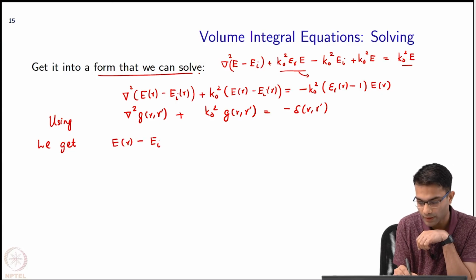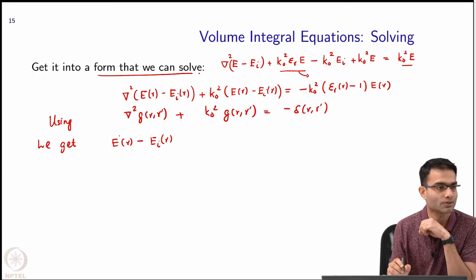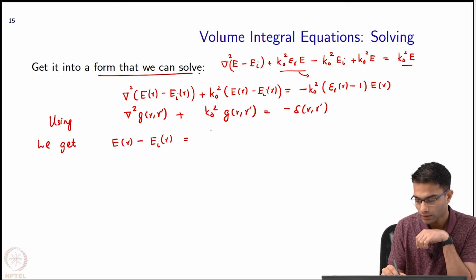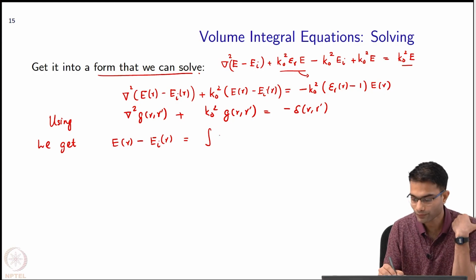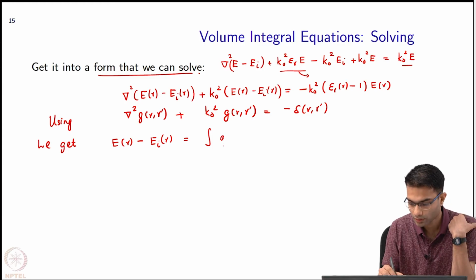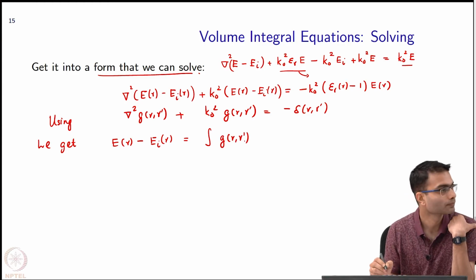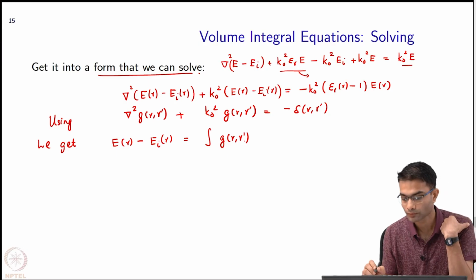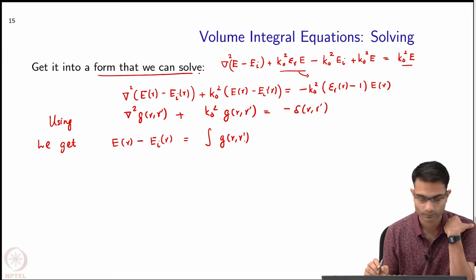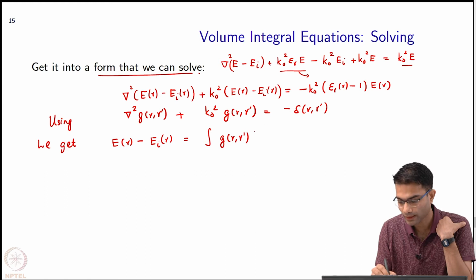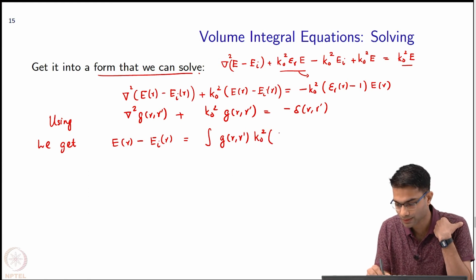So, it is E of r minus E I, that is what is going to be equal to the convolution now of the Green's function. We do know what EI is, and the entire right hand side over here, one of those minus signs got cancelled.